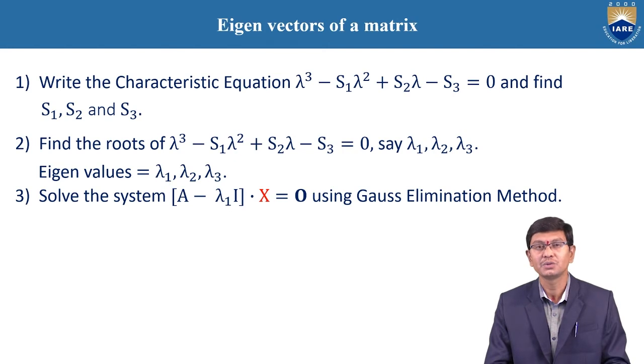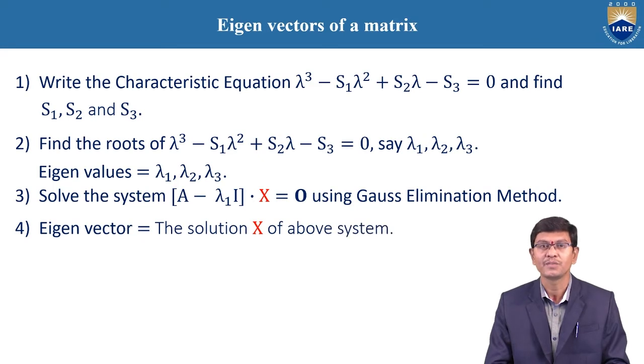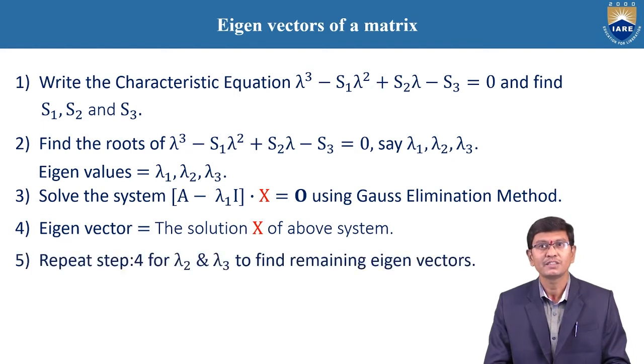That means reduce it to echelon form of the matrix, indirectly by using elementary row operations. The eigenvector is x, a solution of the above equation. Similarly, repeat the step for lambda 2 and lambda 3 to find the remaining eigenvectors. This is the procedure involved in finding the eigenvectors of a given matrix.